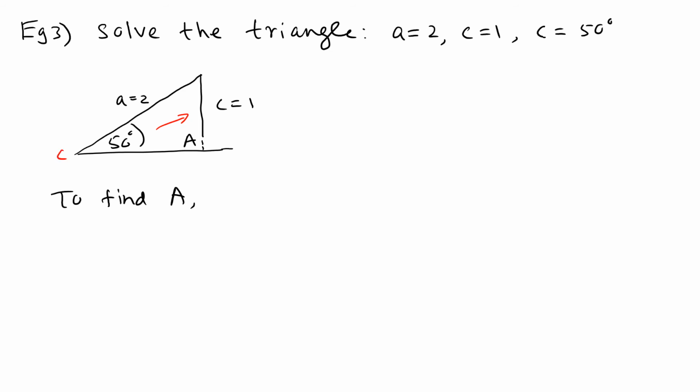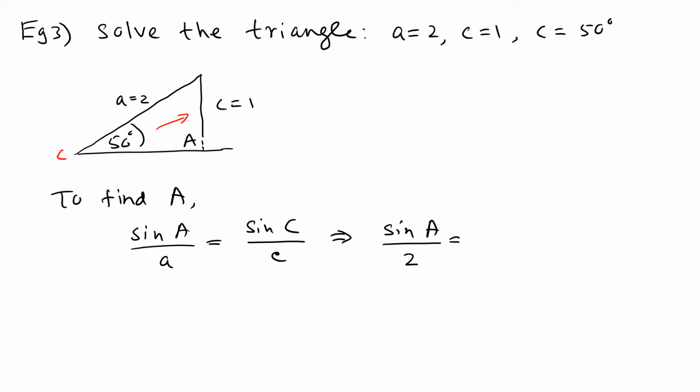So we can use that. Since we are looking for the angle, I'm going to write that on top: sine A over a equals sine C over small c. If you plug in, sine A over small a, which is 2, that's given, and sine C, which is 50, over small c, which is 1.